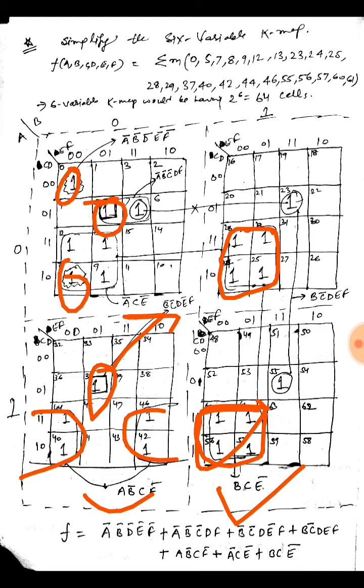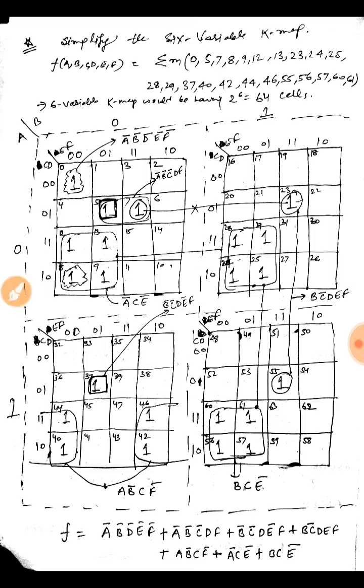This one and this one will make a pair, it will also have 5 variables. Similarly, this one and this one will make a pair and they will also have 5 variables. So now I will write the literals for them, or the variables which are not changing, which are common.